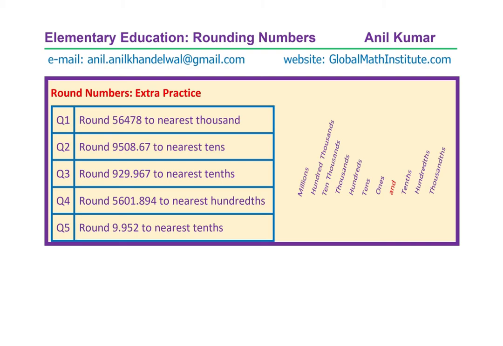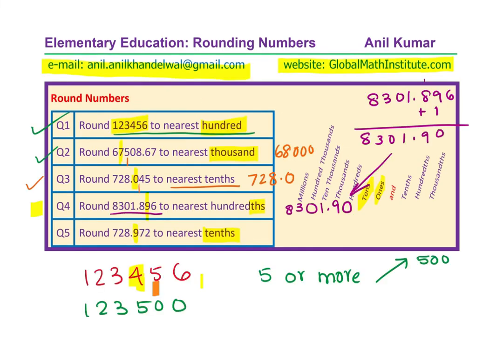Now I'd like you to answer all these questions. Let me give you the solution of the last question also. So when I increase this 0.9 by 1, I get 0 here and 1 carried forward. So I should get 729.0 as my answer. Is that clear to you? Do you see how rounding decimals is a bit tricky?